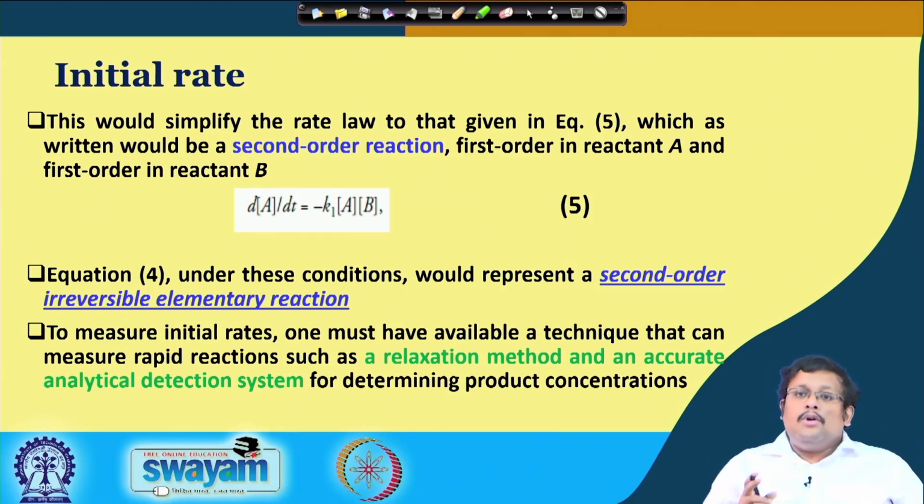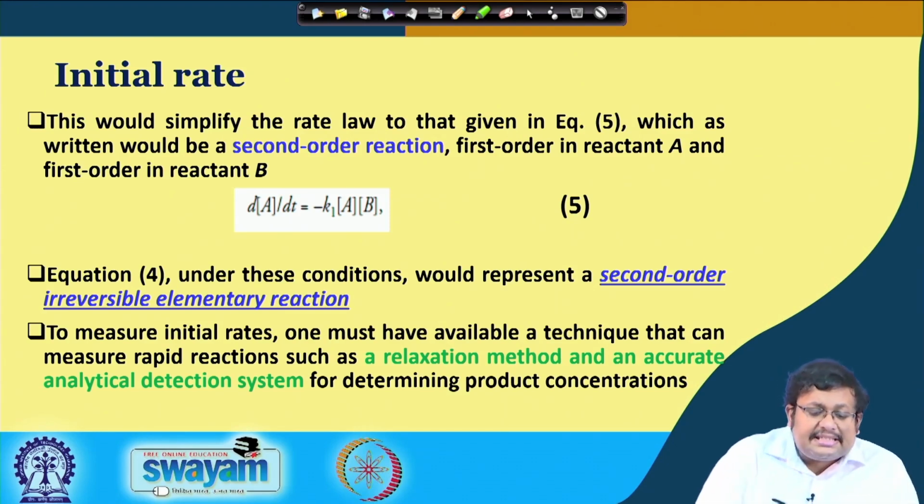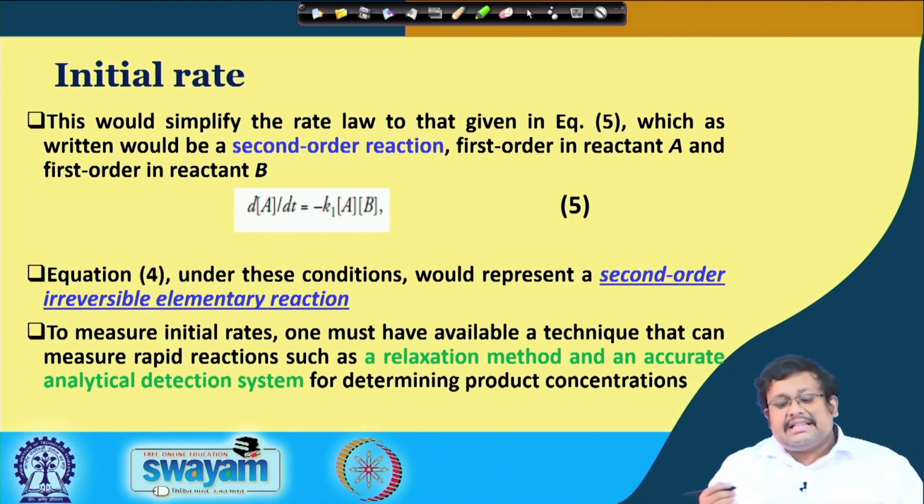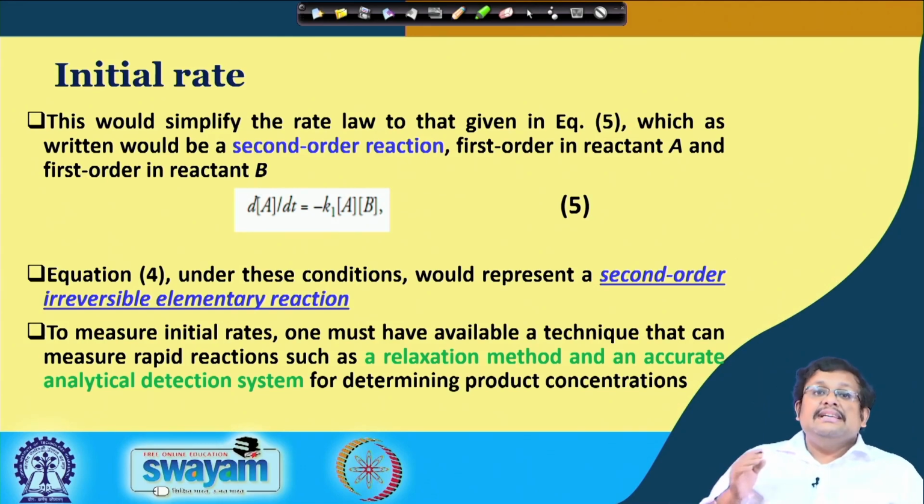In a second order reaction, the rate is proportional to the product of both reactants' concentrations. So, the forward rate constant is following a second order reaction in case of two different reactants. Now, equation 4 under this condition would represent a second order elementary reaction.